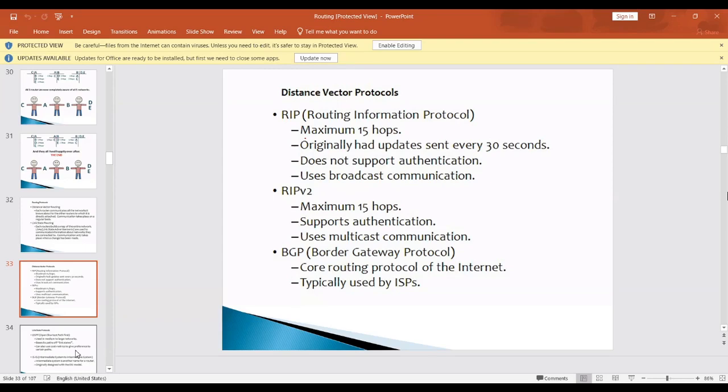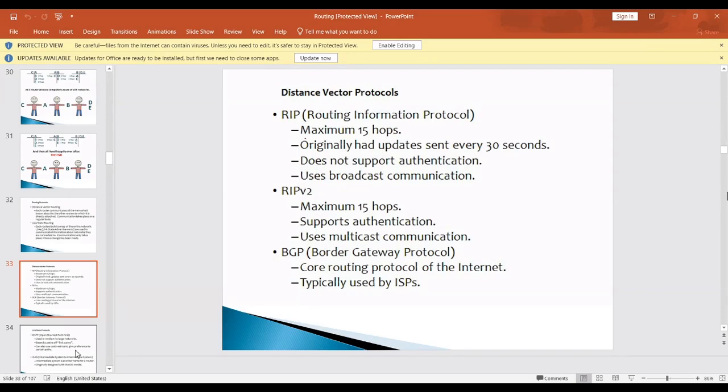And it does not support authentication. That means the security is very low, and it uses only broadcast communication. Broadcast communication is not a very efficient communication system, because it sends this information to every node. Because of that, high traffic will be generated.